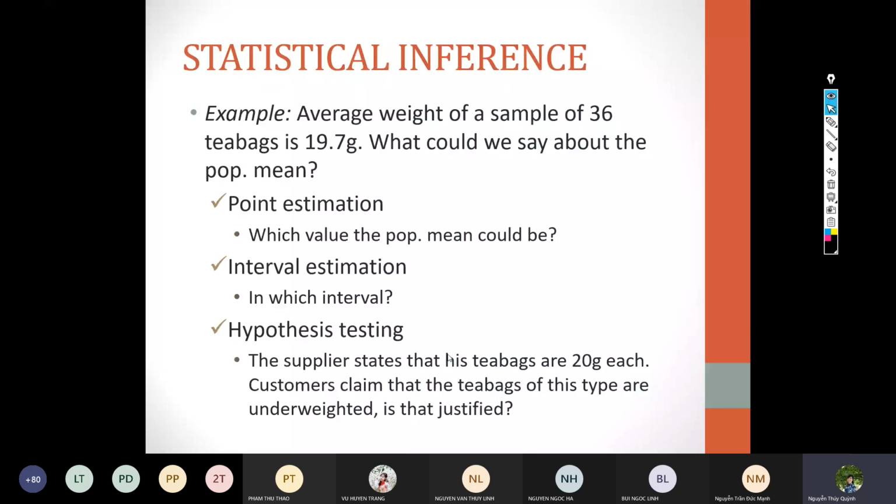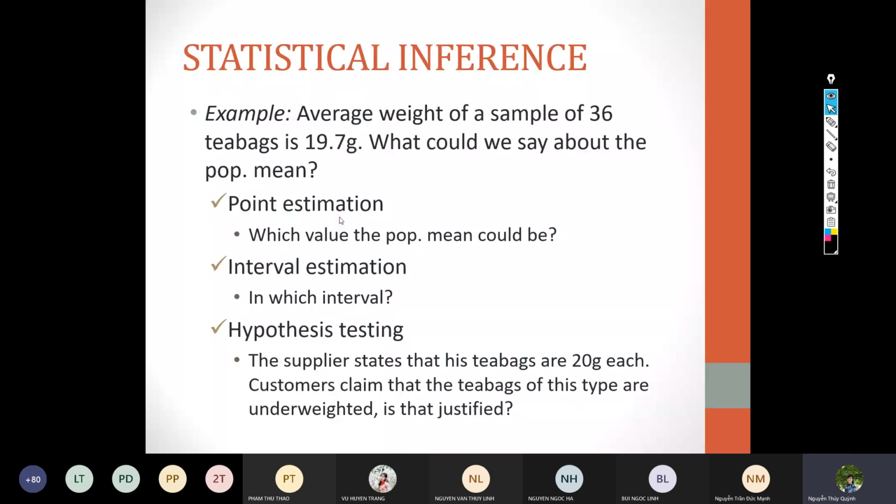But when we take a random sample and calculate the sample mean as 19.7 grams like this, we can believe, based on the sample statistic, that the actual average weight of all tea bags manufactured by this company can be less than 20 grams.